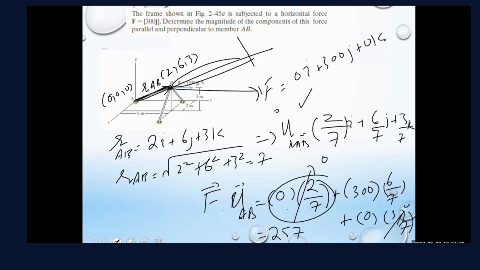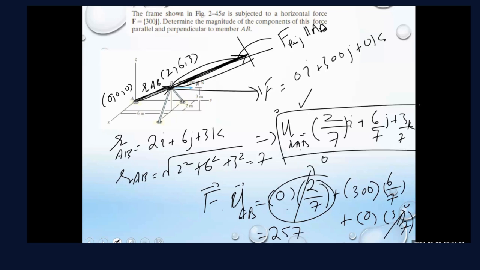Remember that what you got here, if I call this a vector, I am calling this vector force projection parallel to A and B, that's right, because this is in the direction of A and B. So you got the magnitude here. Direction you already know. You just simply multiply 257 with this unit vector and you will get the force vector.